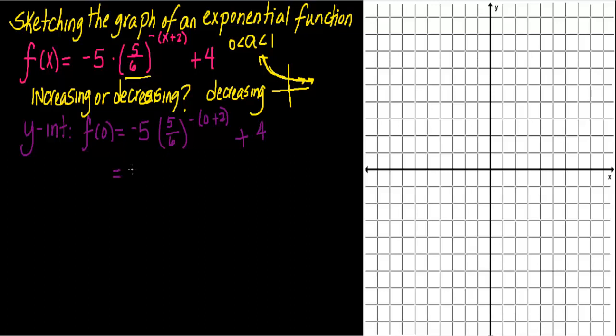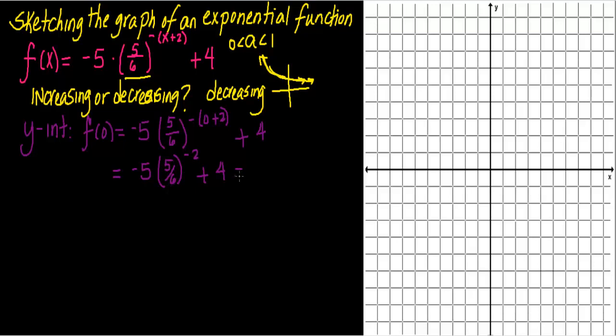And that equals negative 5 times 5/6 to the negative 2 power plus 4. Now, when we have an exponent here and we have a quotient, what we do is we distribute that exponent to each one of the numbers. So this will be 5 to the negative 2 and 6 to the negative 2.